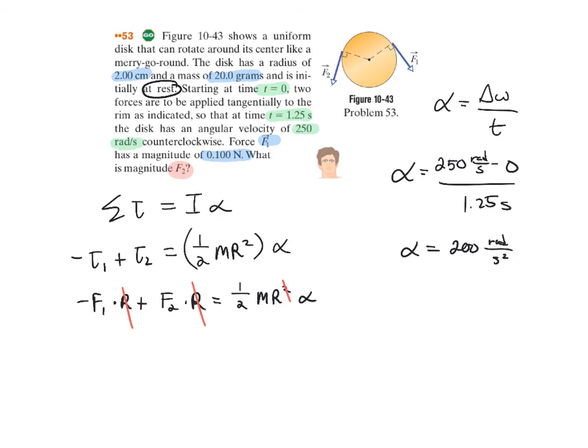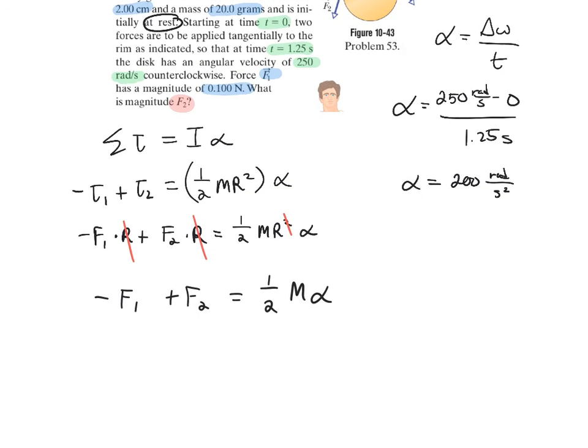In the last problem we had little r and big R because the forces were applied at different radii. But here, the moment of inertia R and the R where the forces are applied are the exact same R, so that can drop off. As a result, we get negative F1 plus F2 equals 1/2 big M times alpha, and our goal is to solve for F2.